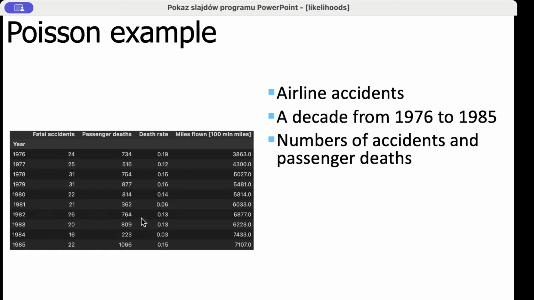We have a dataset that includes the number of accidents and the number of passenger deaths in a given year. We can also obtain the death rate and the number of miles that were flown during the entire year.